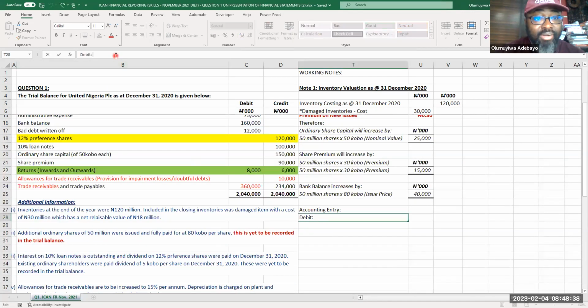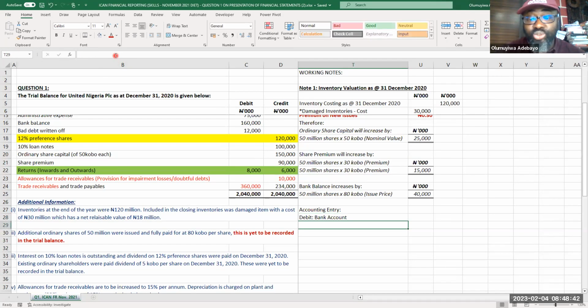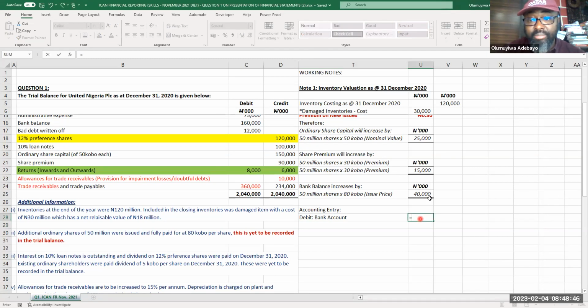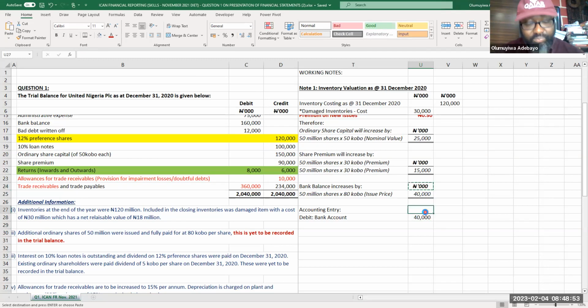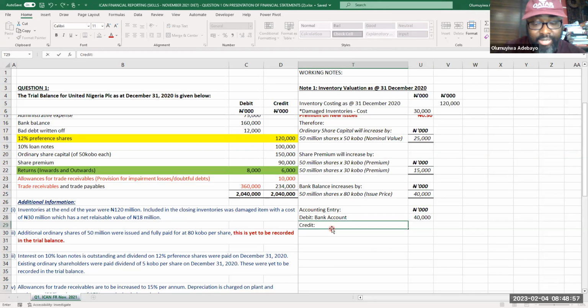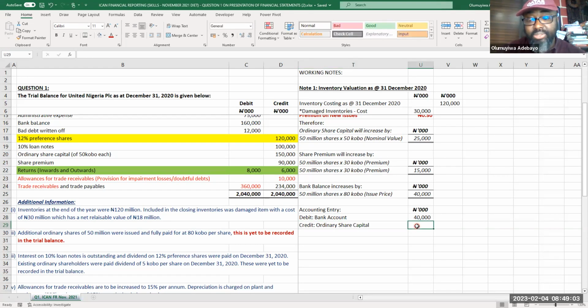Therefore, we debit our bank account to increase it more by how much? By 40 million. We credit our ordinary share capital with how much? With 25.